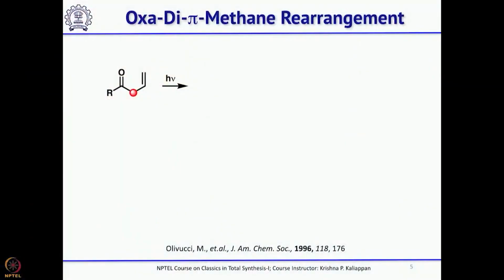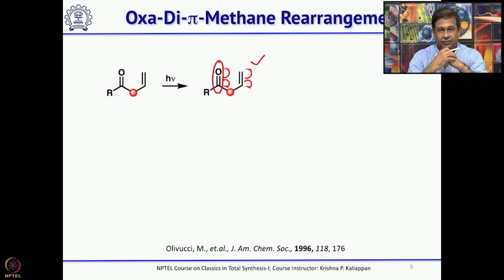So, before we go into the details of the total synthesis reported by Martin Demuth, we will discuss the key reaction, which is oxo-di-pi-methane rearrangement. So, what is that? If you have a system like this, you can call it an allyl ketone. Now, under photochemical condition, first this carbonyl will form a diradical, same thing will happen with the double bond.